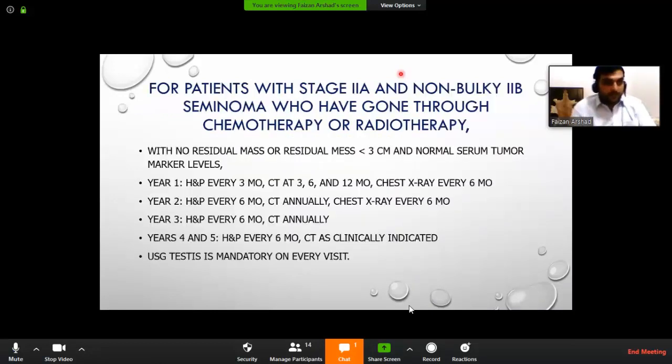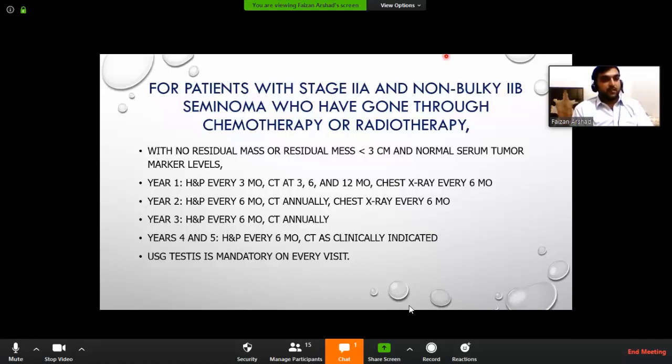Right. For the patient with stage 2 and non-bulky seminoma who have undergone chemotherapy or radiation therapy with no residual mass or residual mass less than 3 centimeters and normal serum tumor marker levels: year 1, history and physical examination every 3 months, CT at 3, 6 and 12 months, chest X-ray every 6 months.